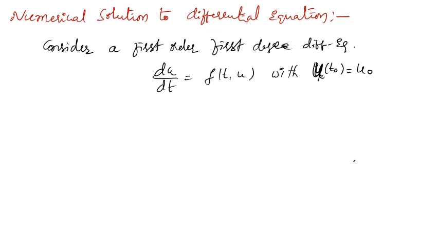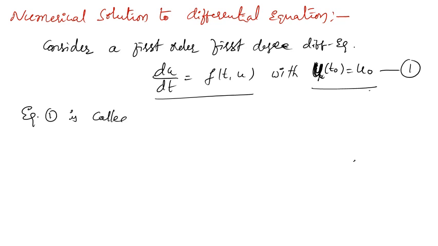Take this as equation 1: du by dt equal to f of t comma u with this condition. Equation 1 is called an initial value problem.